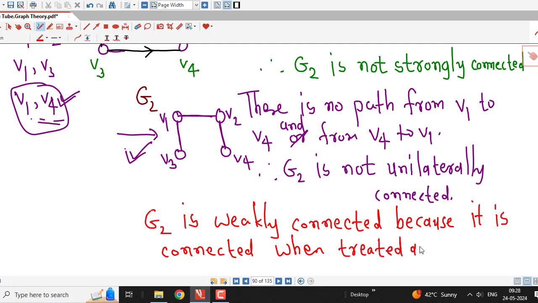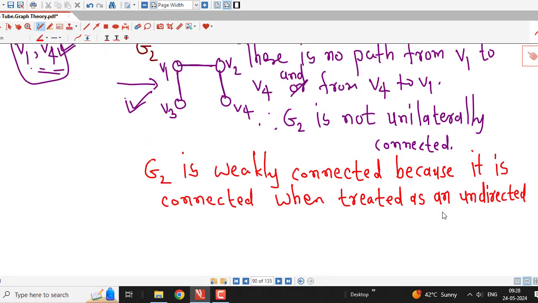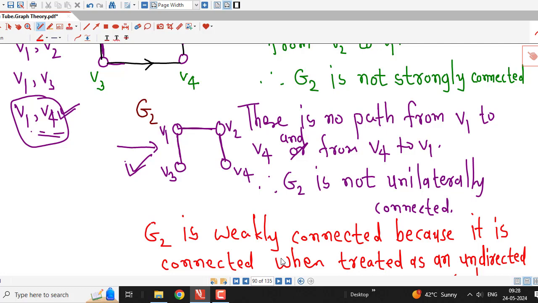If we consider G2 as an undirected graph, then it is connected, and therefore G2 is weakly connected. So this is an example of a graph which is weakly connected but not unilaterally connected.